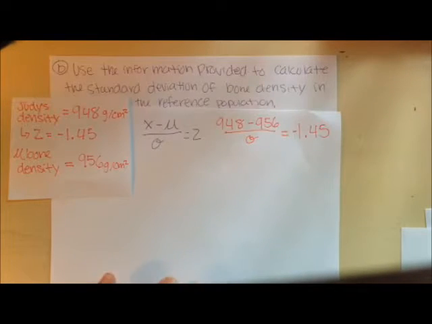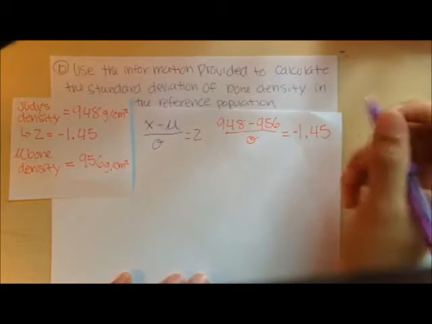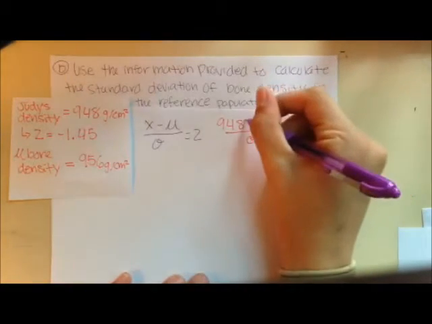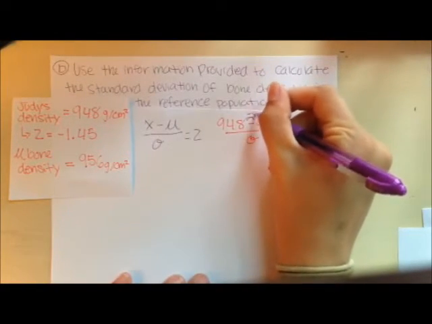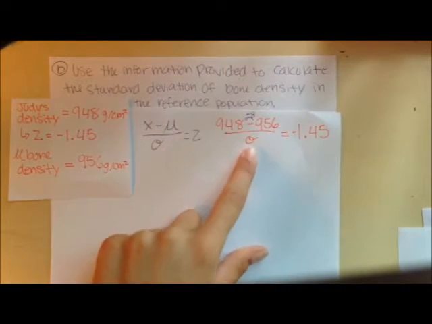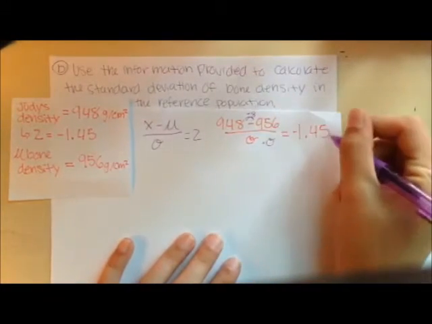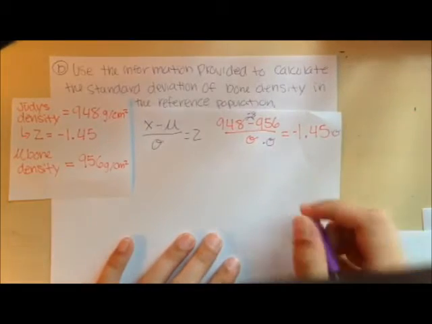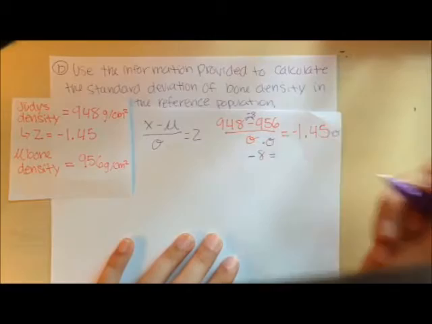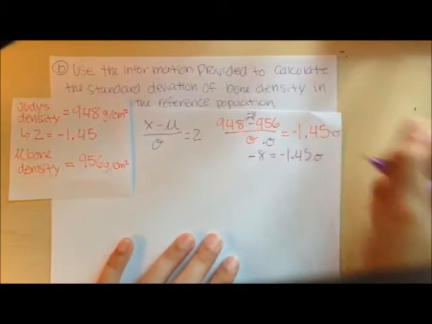The first thing that we're going to want to do is rewrite this a little bit so it's easier to see. 948 minus 956 is equal to -8. From there we can move this over there by basically multiplying by the standard deviation on both sides. So what the equation will look like now is -8 equals -1.45 times the standard deviation.